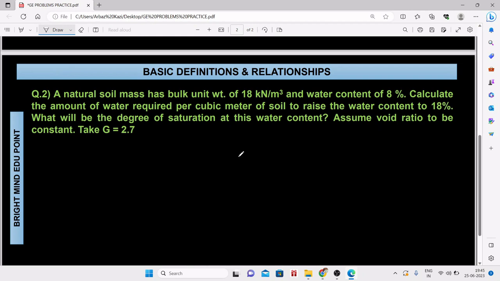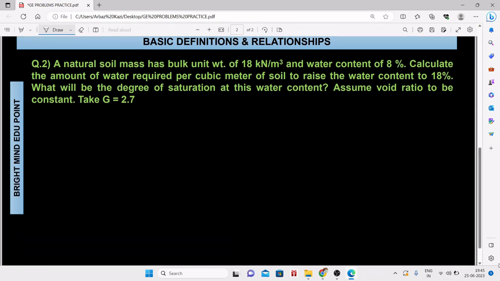in which a natural soil mass having a bulk unit weight of 18 kilonewton per meter cube and water content of 8% is provided.